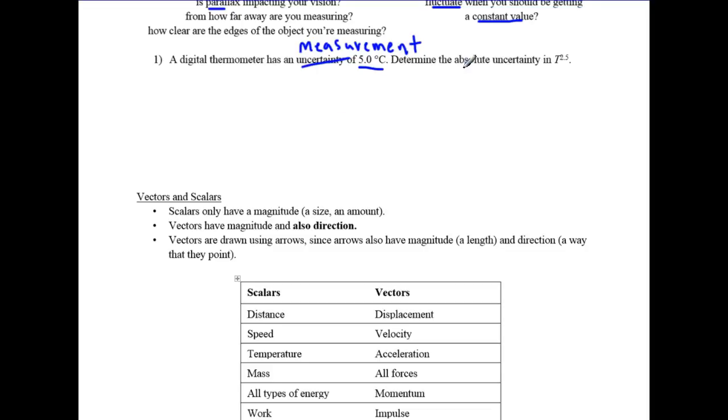Well, to find the absolute uncertainty, you need to know what the uncertainty is for the 5.0. The measurement is 5.0. They haven't specified an uncertainty, so you assume the smallest possible, the device uncertainty. So starting from there, find the absolute uncertainty in t to the 2.5. Go ahead and do that.